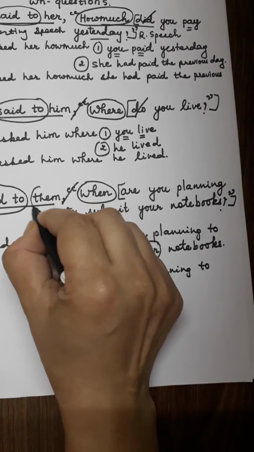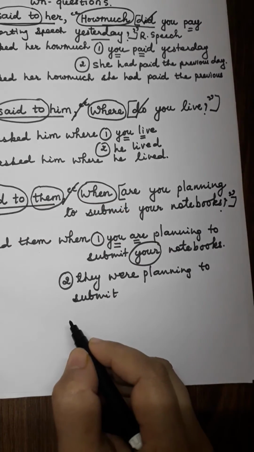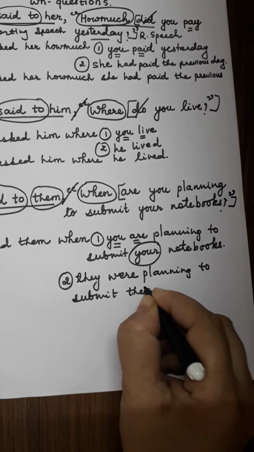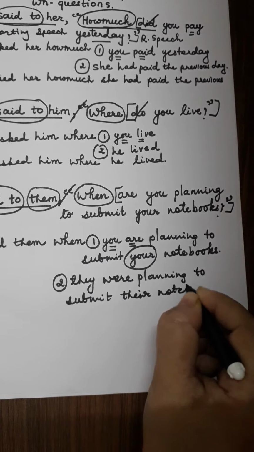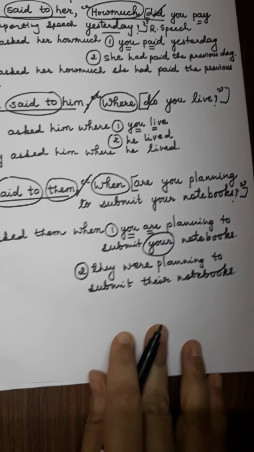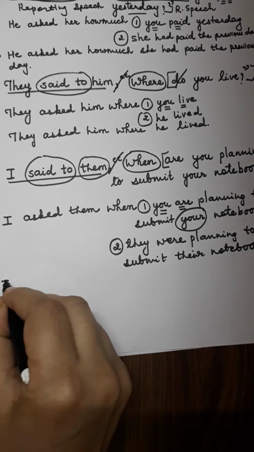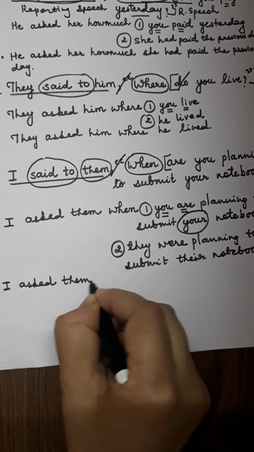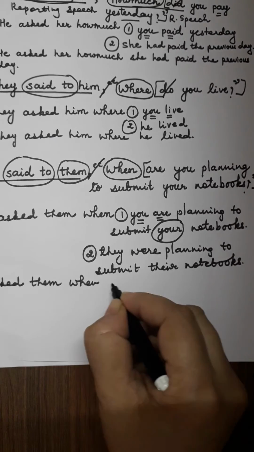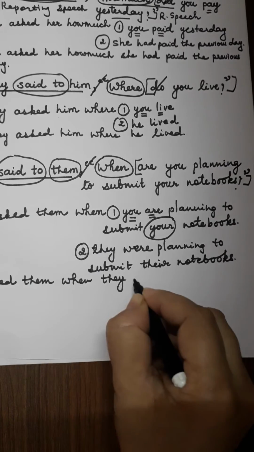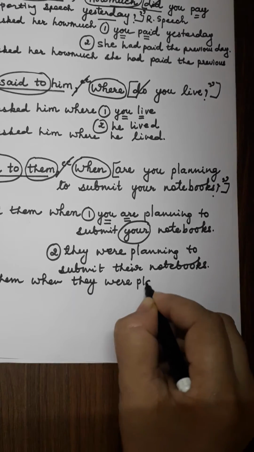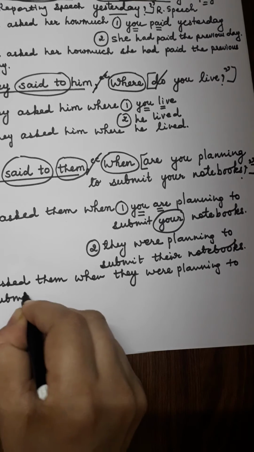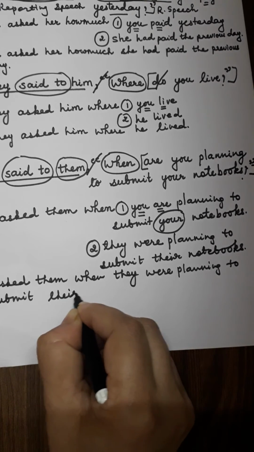So we have to find a pronoun of them which is used as an adjective. So whose book? Them book. So that becomes their books, their notebooks. Now joining both the parts, we get the answer. I asked them when they were planning to submit their notebooks.